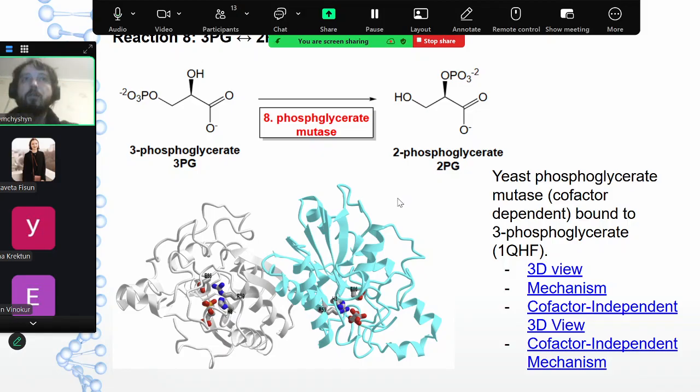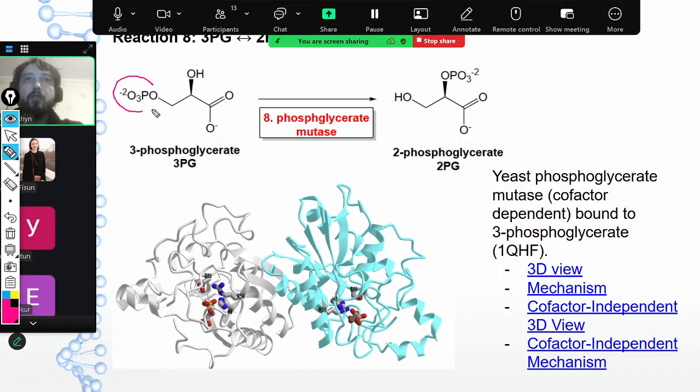Here's once again how our enzyme looks, and it's called phosphoglycerate mutase. What it does is basically take this phosphate group and move it to another carbon atom, and effectively swap places with the OH group. So here you see the result.